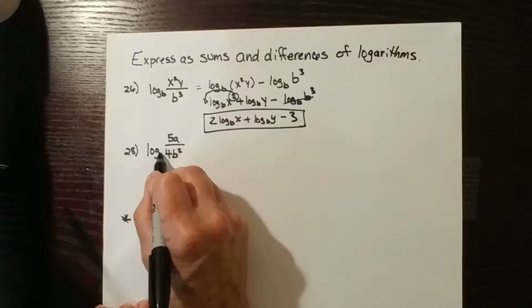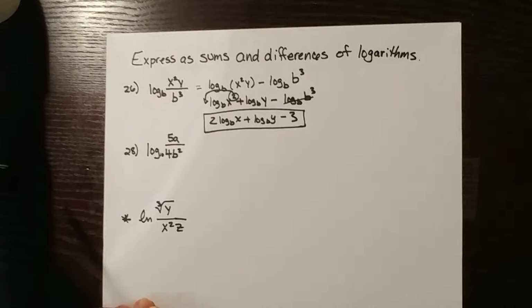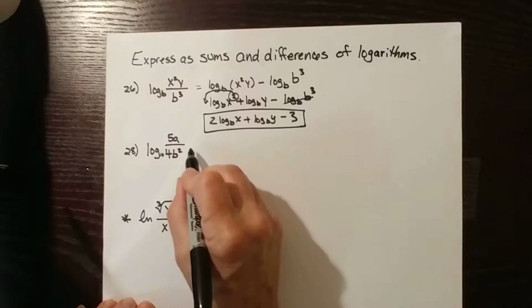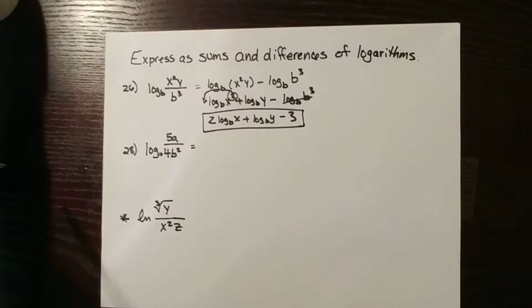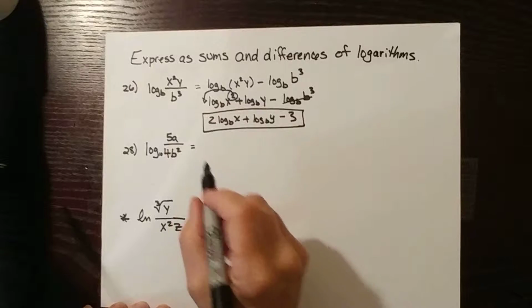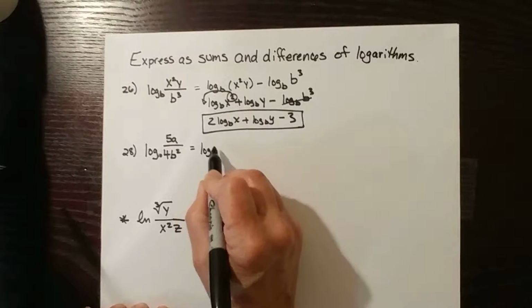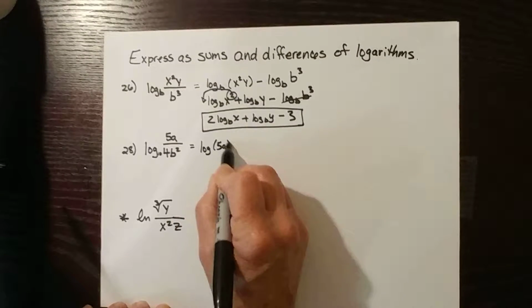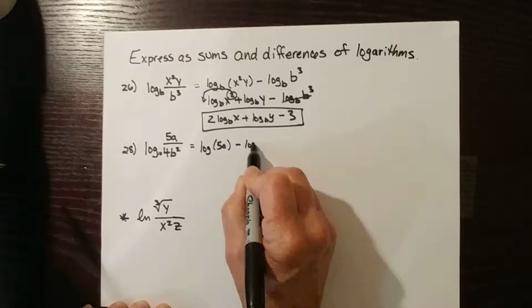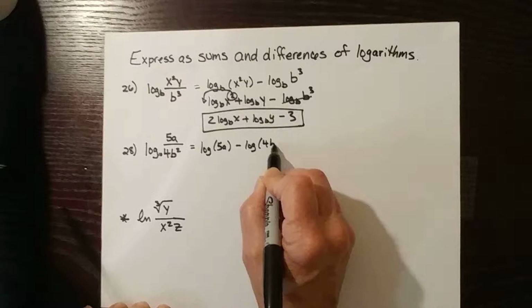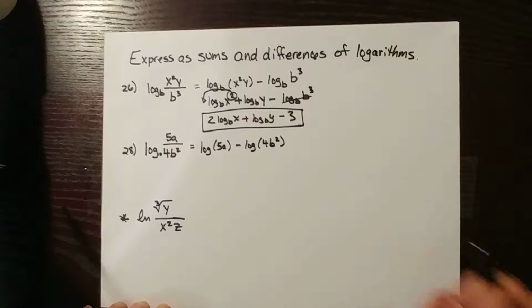So if you wanted to say, oh, I know that that's a 10, and you write the 10 right there, that is fine with me. This is equal to, I'm going to unpack the fraction, the numerator minus the denominator using the quotient rule. So this is log base 10 of 5a, the numerator, minus log base 10 of 4b squared, the denominator.